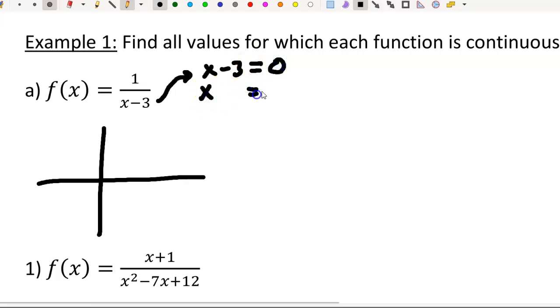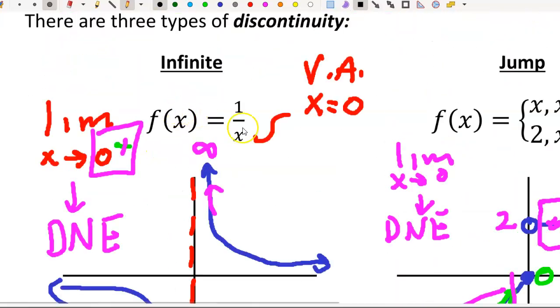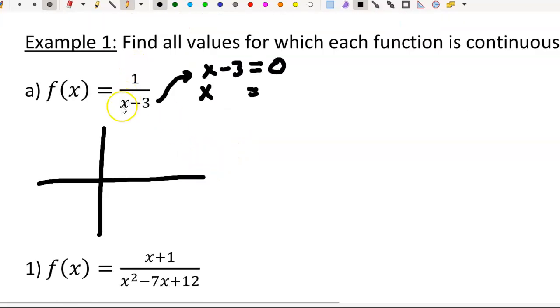You're just asking yourself, well, what makes the denominator 0? Remember that asymptotes equal dividing by 0. So what value here made this 0 on the bottom? Well, just 0. But what value makes 0 on the bottom here? Oh, 3. 3 minus 3 is 0. So that's the giveaway, again, that you have a vertical asymptote here.